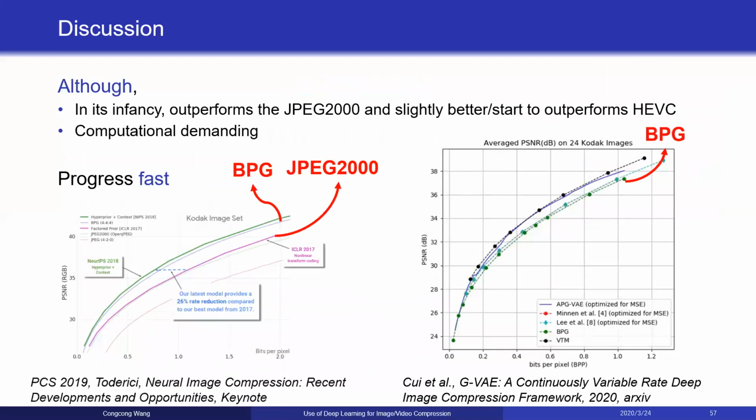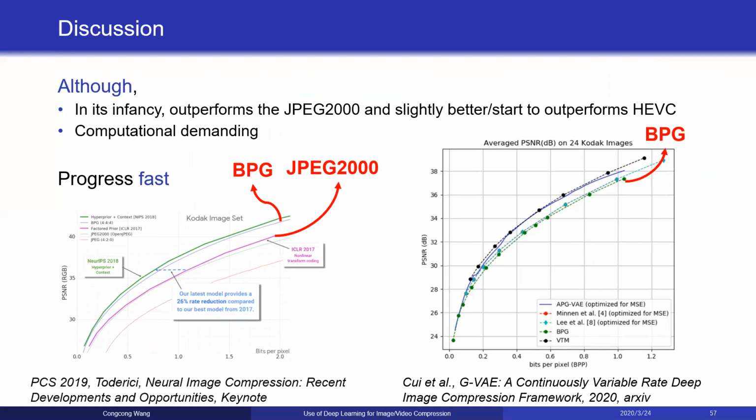Until now, the performance of deep learning-based compression is comparable to or a bit better than HEVC, but it has high computational requirements. Although it's not enough for standardization now, the progress has been achieved within 3 or 4 years, starting from 2016.